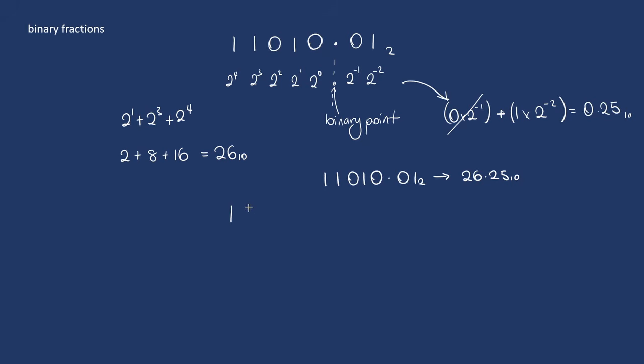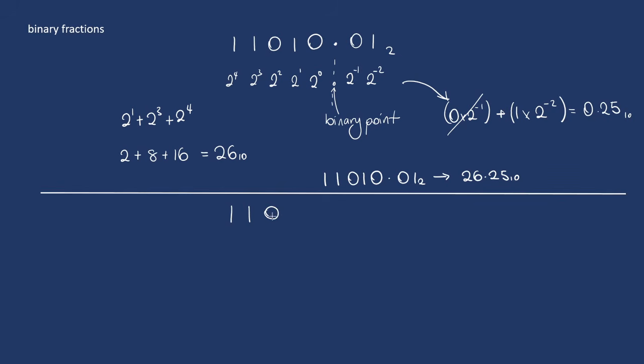So let's do one more to get ourselves familiar with this. Let's say 1101.011 in base 2. Remember we're going to have to separate the part greater than 1 and the part less than 1. So this is 2 raised to the power 0, 2 raised to the power 1, 2 squared, and 2 raised to the power 3.